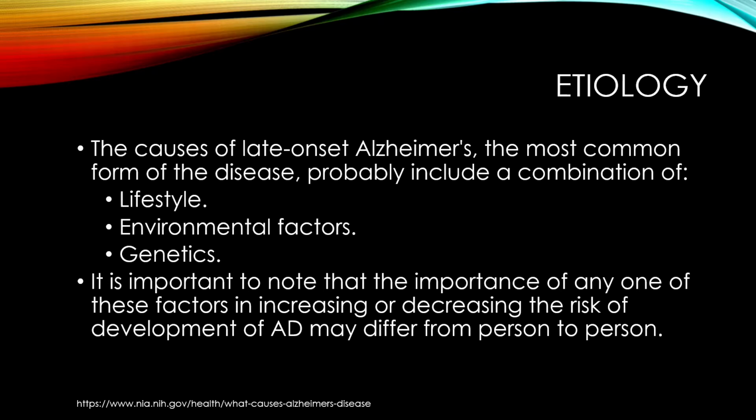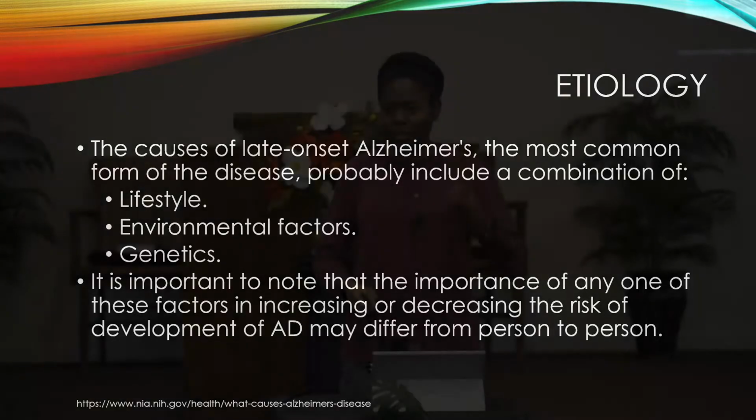A lot of people have the genes, but they don't end up with the Alzheimer's disease. And a lot of people don't have the genes and end up with Alzheimer's disease. So it's not really just the genes. The genes may load the gun, but your lifestyle pulls the trigger. And that's when the disease actually expresses itself.